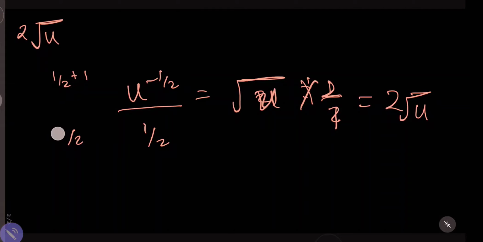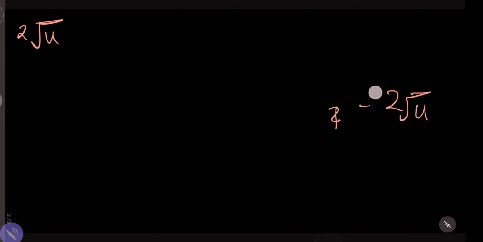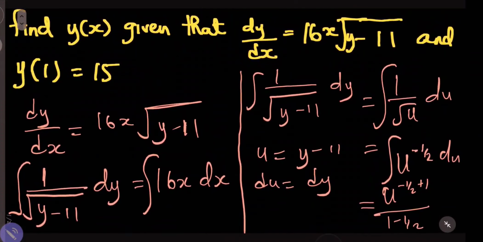So let me just quickly wipe this off. So we have 2 root u equals, remember we still have to find the integral of this side.